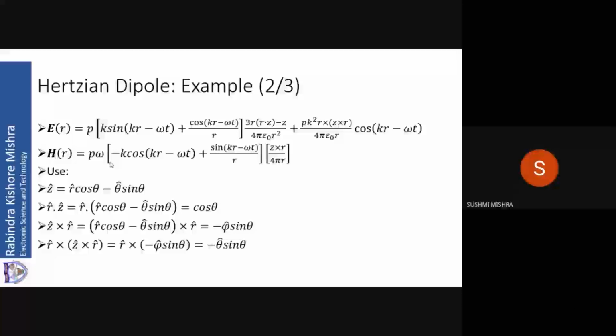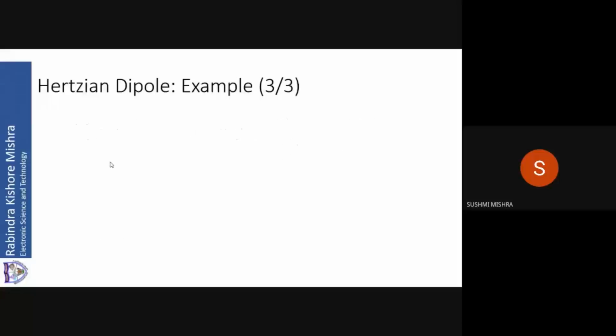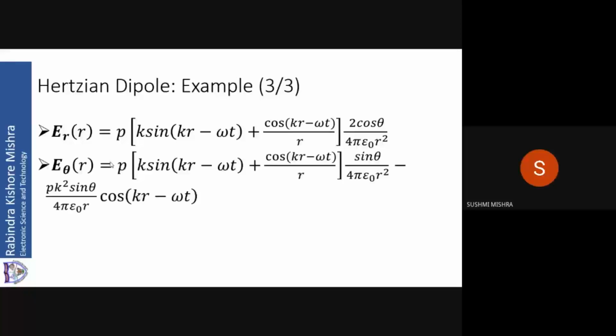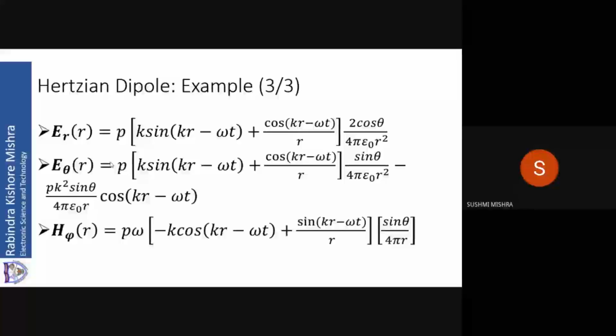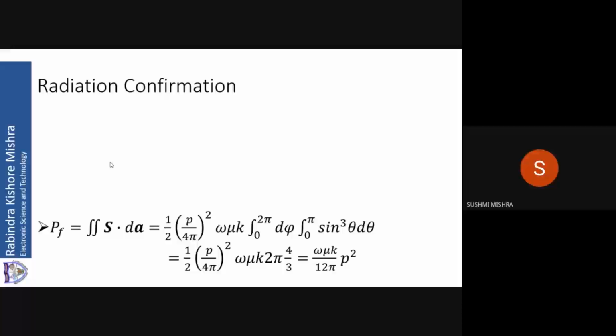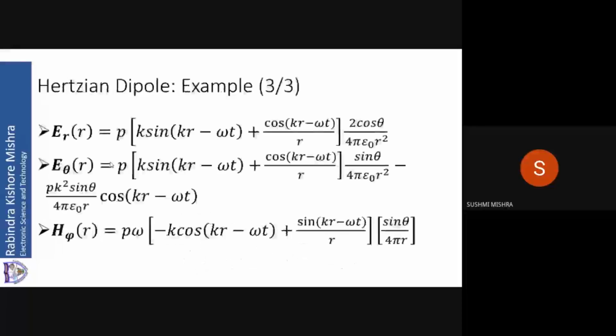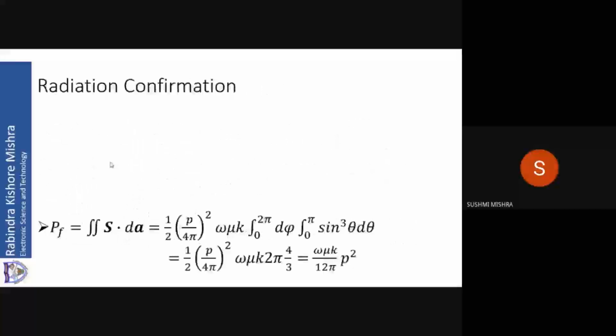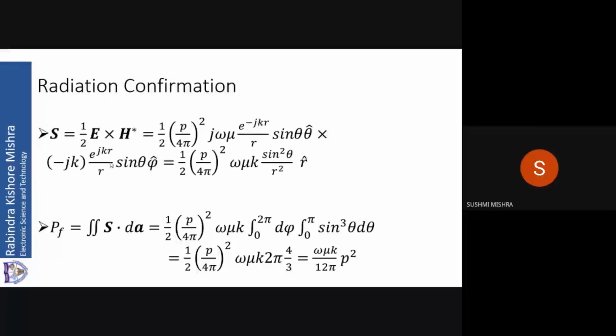We found the expressions for those and put them in E and H, which gave us E r, E theta and H phi. All other components are 0, which means E phi is equal to 0, H r and H theta are equal to 0. Now we have a radial component and a component along theta and phi.